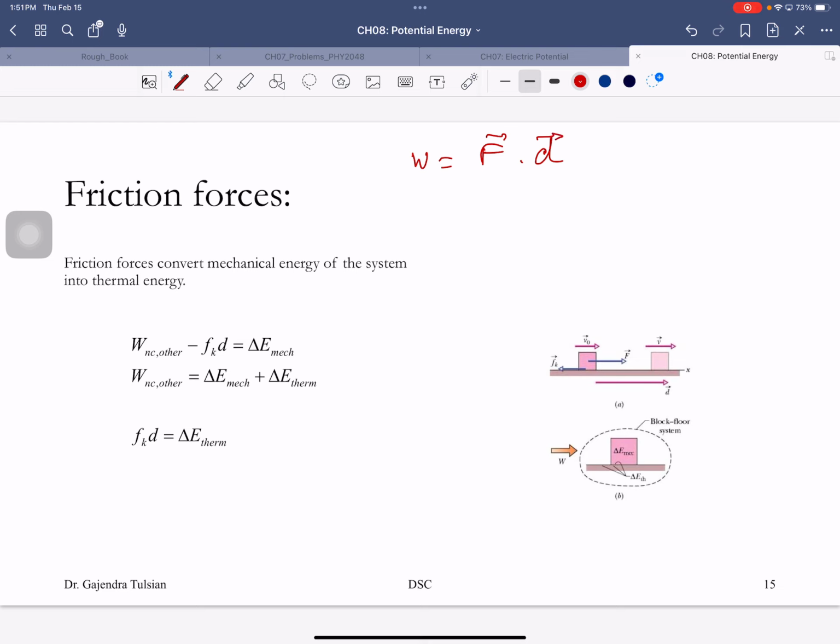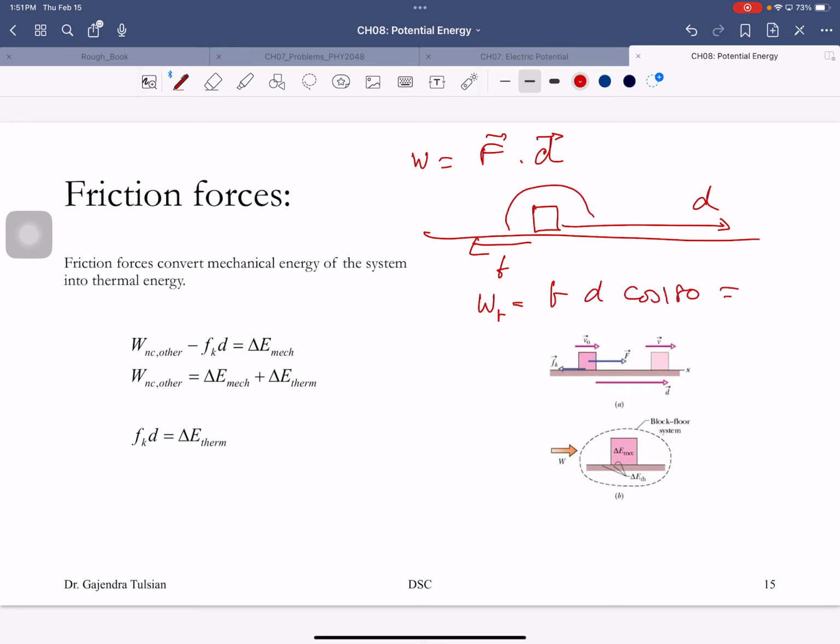If an object moves in one direction, friction acts in the opposite direction, and so the work done by friction is FD cosine 180, which is minus FD.